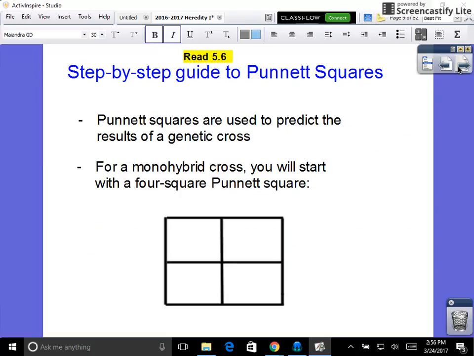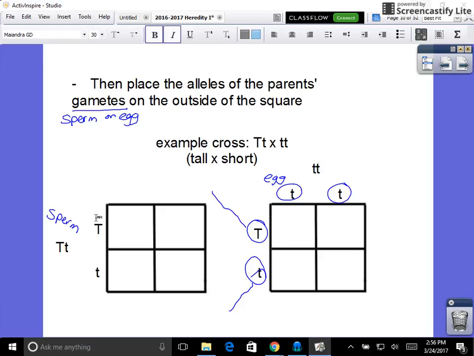So setting up a Punnett square is pretty simple. You draw a box. This is going to represent a monohybrid cross. So we're just going to look at one trait. We're going to put the parents' gametes on the outside. So this is the mom. So her possible eggs would contain a little t and a little t. And this is the dad. His sperm could be either big T or a little t.